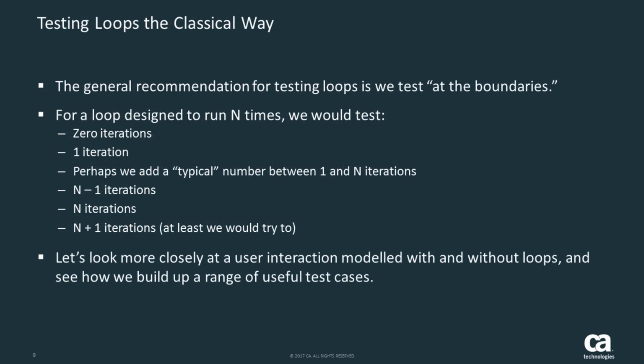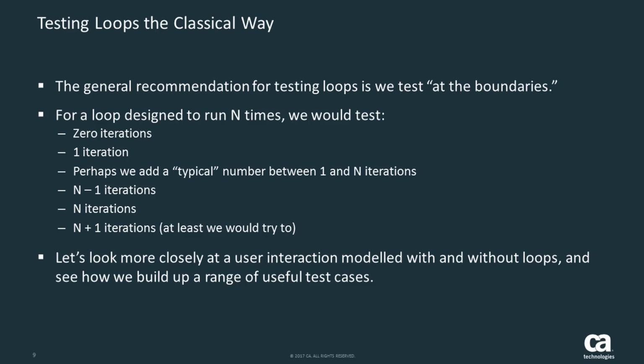Now, the classic approach to testing loops is to set out a number of iterations to exercise in each test case. So clearly, for a loop designed to run n times, whatever n is, we should construct a test to exercise the loop with 0 iterations, if that's possible, with 1 iteration. Maybe we add a typical number between 1 and n.